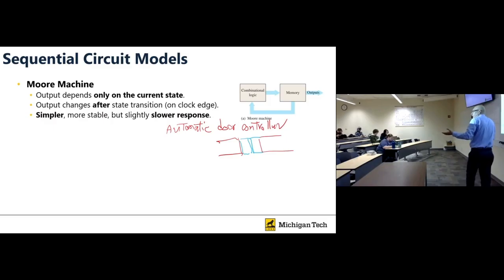So you can design that system using a Moore system. This is the wall here, for example, and this is the door.